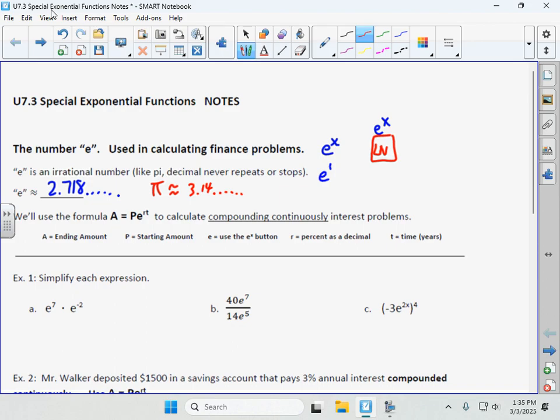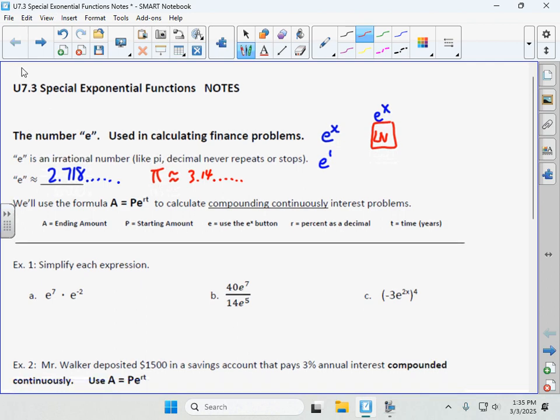We're going to just leave e in the formula because we're going to use the e to the x button on the calculator. R is the percent as a decimal, and t is time in years.